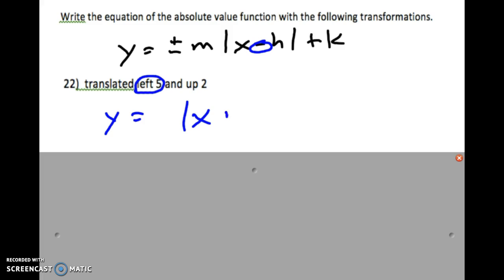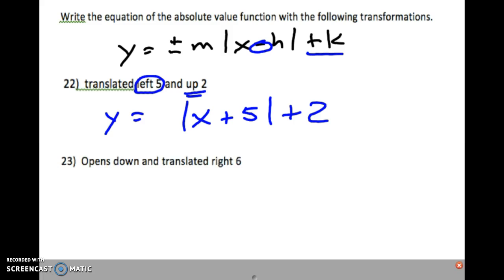So left would normally be a minus. Since we got to do the opposite sign, we're going to do a plus. Up 2 is the k part. So we got the plus 2 afterwards. Nothing about reflecting down or changing the slope, so that one is complete.